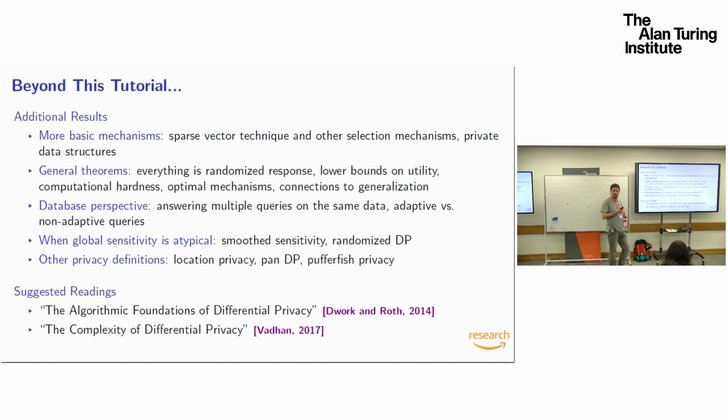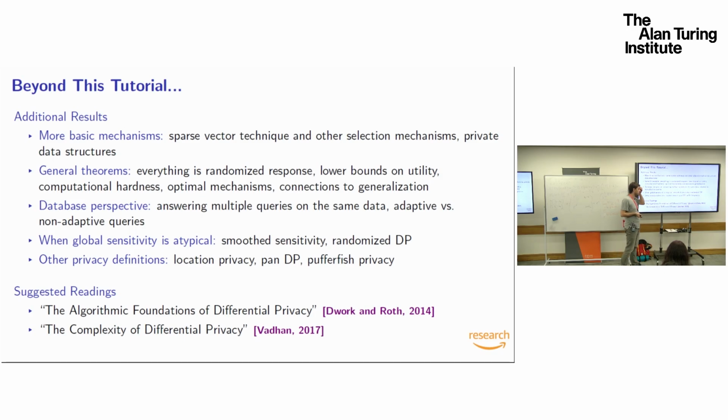So there are many basic mechanisms I didn't cover, especially things that are about selecting the maximum in the data set in a differentially private way, selecting the top k satisfying differential privacy, and other private data structures that have privacy embedded in them. This is a big topic. I think it's very relevant, and it's necessary if you want to build advanced mechanisms. But it kind of falls more into the database space than the ML space. So that's why I didn't include it here.